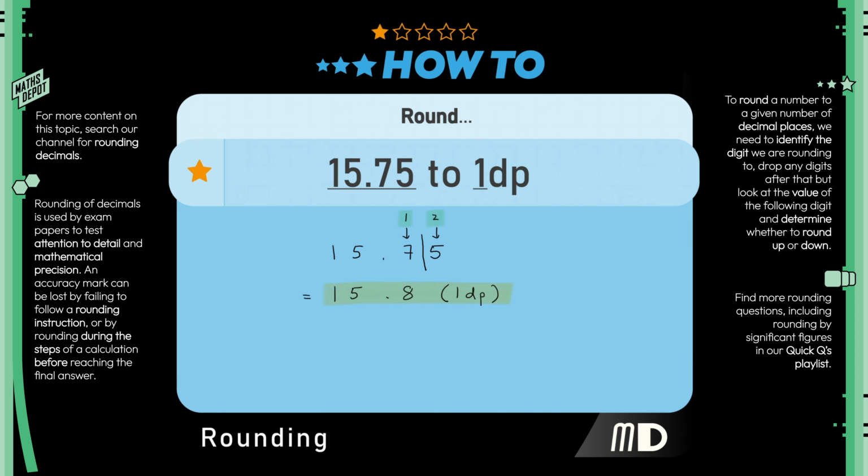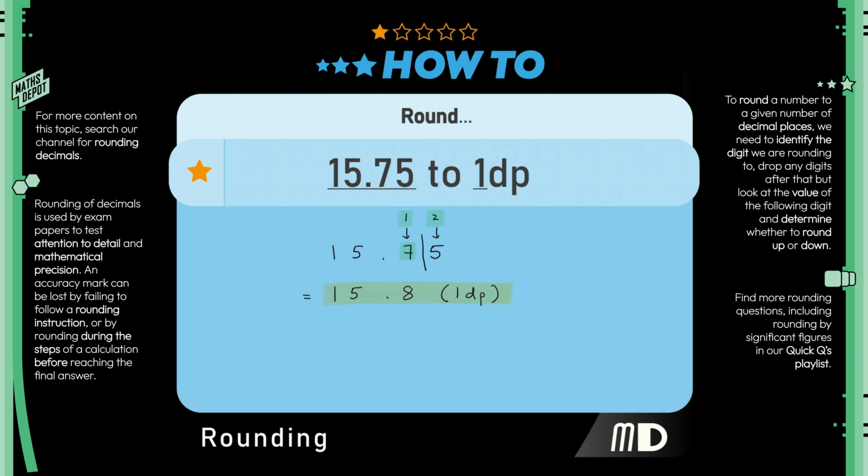Rounding this decimal to one decimal place means keeping everything up to and including the first digit after the decimal point. In this case, the first digit is the 7 digit, and we're removing any digits after that.